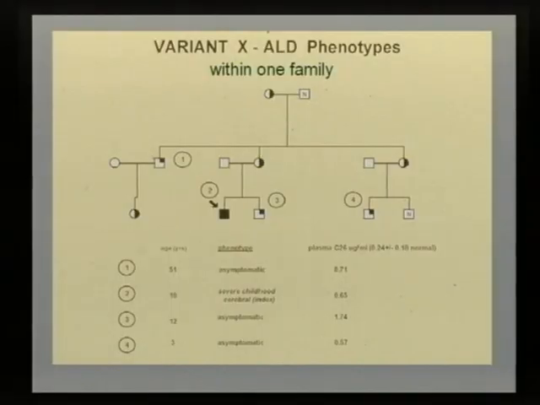One of the other features that is so puzzling and such a challenge to those of us concerned with the disease, this is a family where this boy was diagnosed at 10 years of age because of the classical childhood form, like I described to you earlier.